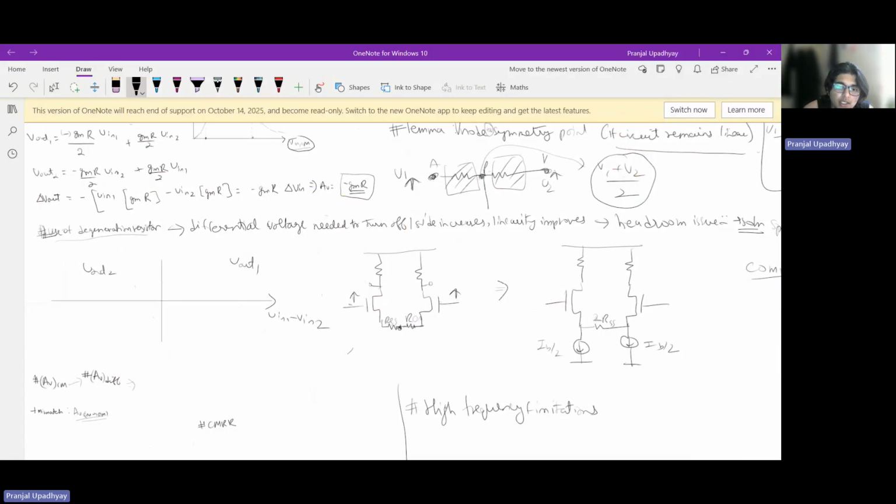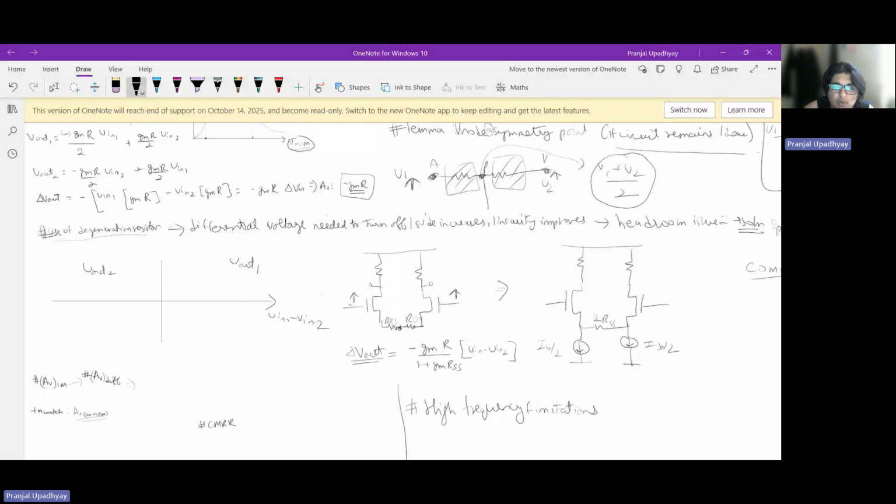And so if I were to take the difference of these two outputs, what will I get? I can directly write that minus delta Vout is, if I just take minus common, minus gm R1 plus gm Rss, times Vin1 minus Vin2.